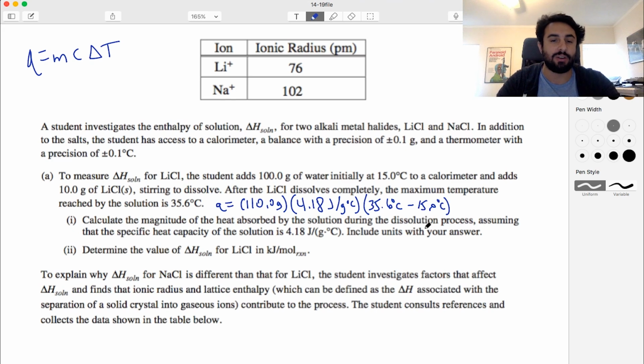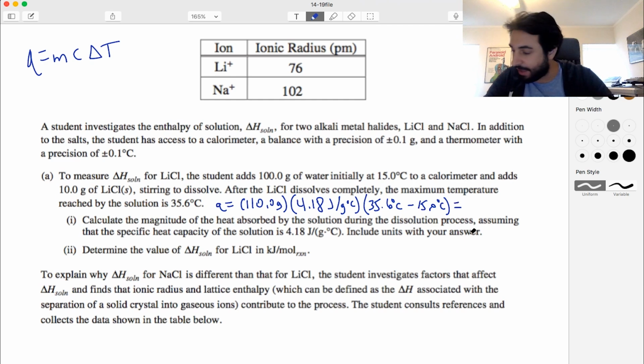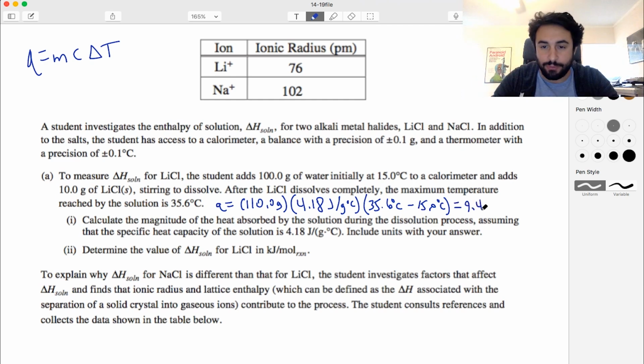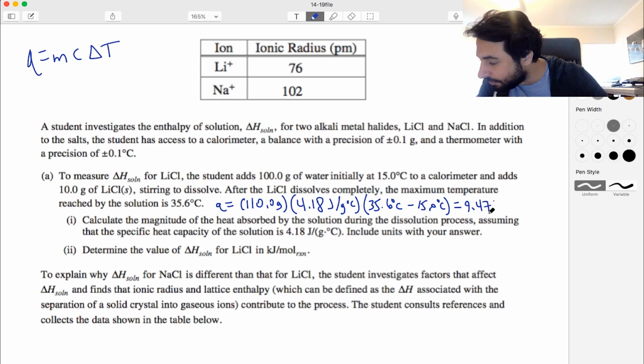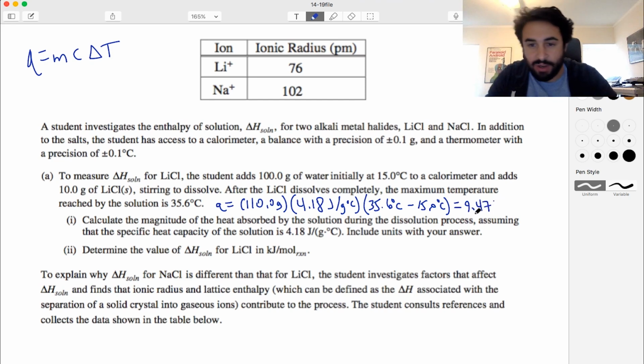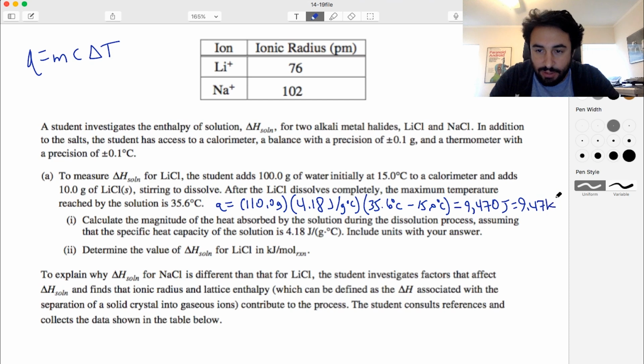If you're doing this on your calculator, probably the best thing to do would be to get this first and then multiply by the other two, right? We want to get that difference so we have one figure right in there multiplied by the other two. And we're going to get 9,470 joules or 9.47 kilojoules.